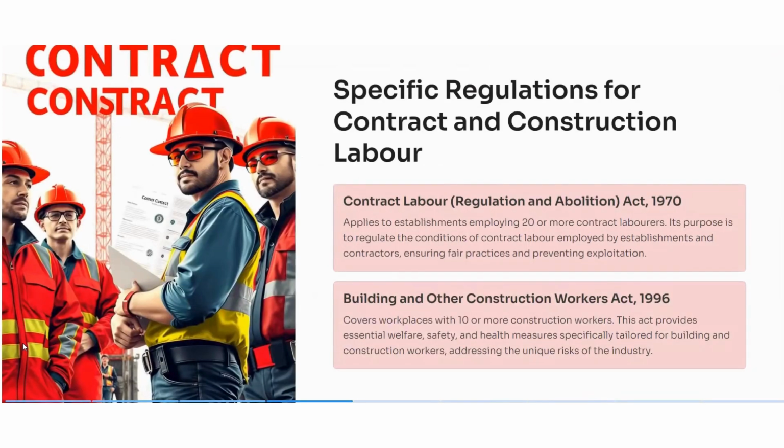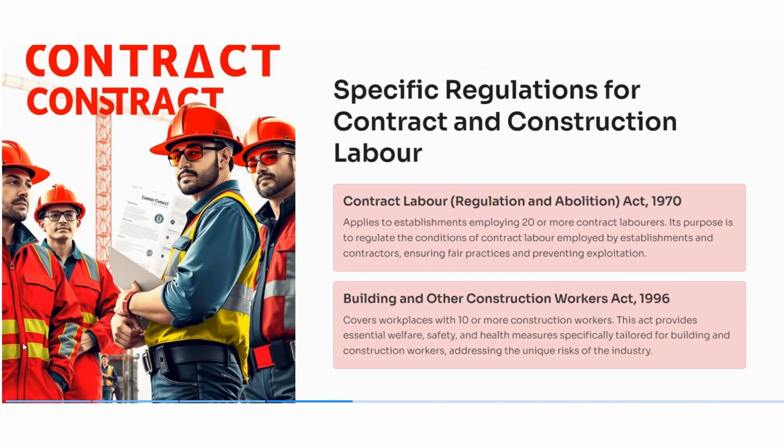Specific regulations for contract and construction labor. Contract Labor Regulation and Abolition Act 1970 applies to establishments employing 20 or more contract laborers. Its purpose is to regulate the conditions of contract labor employed by establishments and contractors, ensuring fair practices and preventing exploitation.